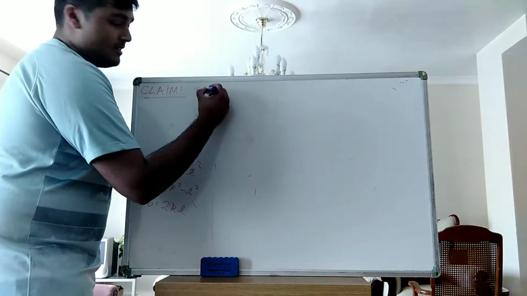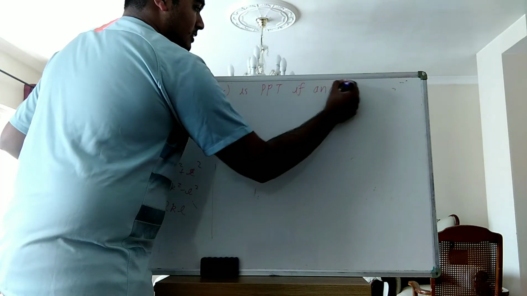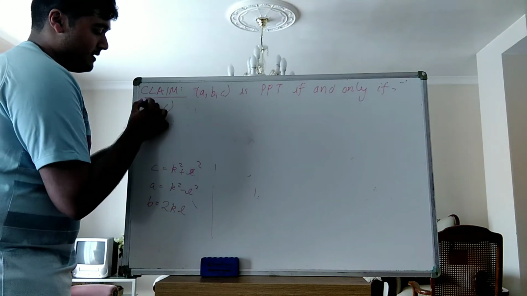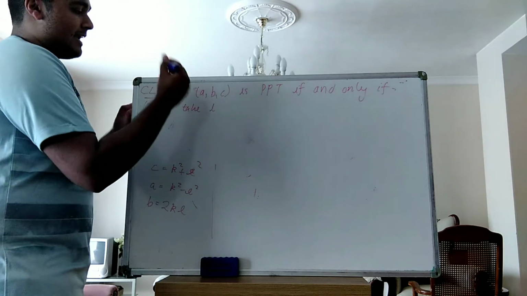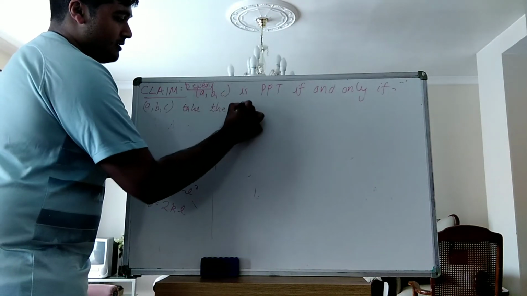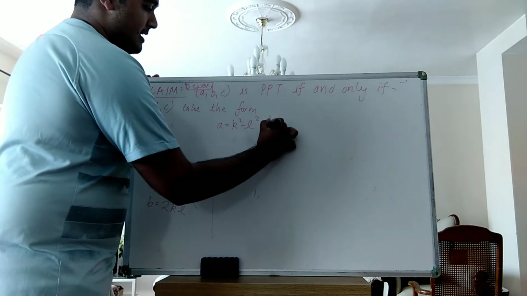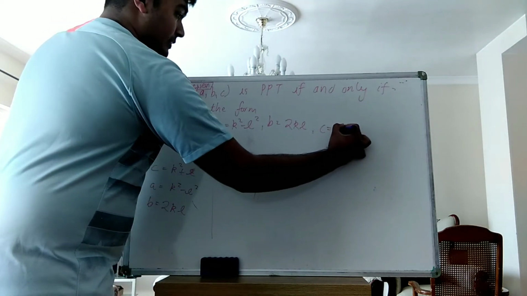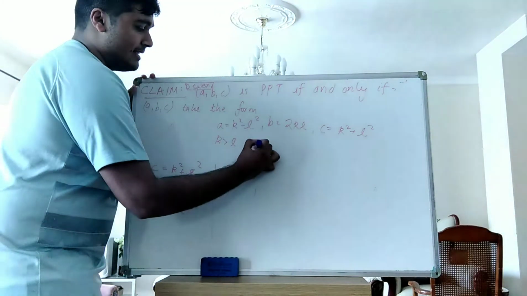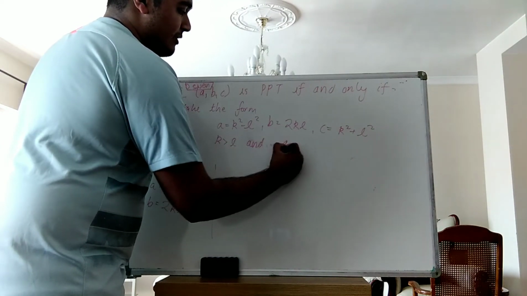ABC is a primitive Pythagorean triple if and only if, in the case B even, A, B, C take the form A equals k squared minus l squared, B equals 2kl, and C equals k squared plus l squared, where, remember the two conditions I had here, k is bigger than l, and k, l share no factors.